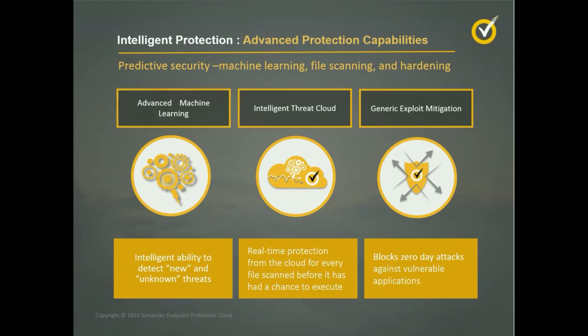So the idea here is that we take all of this information that we've collected from our global intelligence network, all of the millions and millions of submissions of threats, and we're running them through a machine learning algorithm to really detect and see what kind of similarities that malicious software has in common, and also compare that against what we see in common for known good applications that we've collected information on.